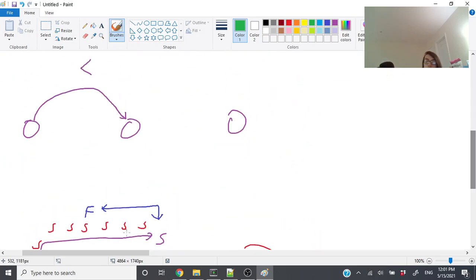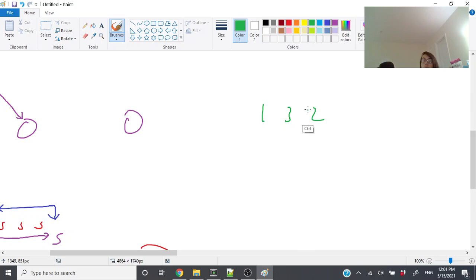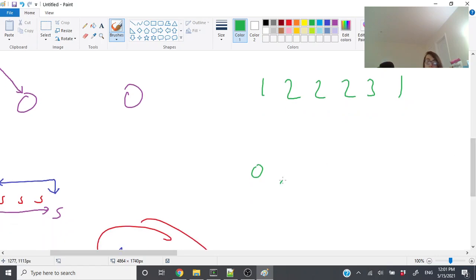So if we have some sequence like 1, 3, 2, no, that doesn't make any sense. Like 1, 2, 2, 2, 3, 1. Maybe that would help. So here, for example, we have this first one. Then here, this is less. Draw this very down.